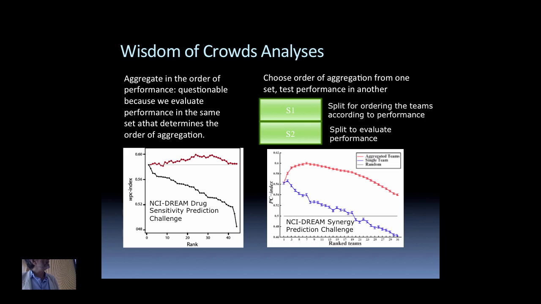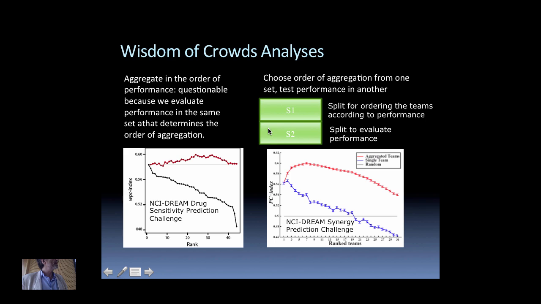So what we did in another challenge was the following. Suppose that you have 2 sets, and these 2 sets basically are 2 test sets, or 2 pieces of the same test set, which is what we did. And so we had the predictions of the whole set.